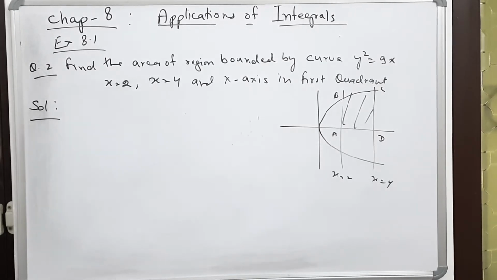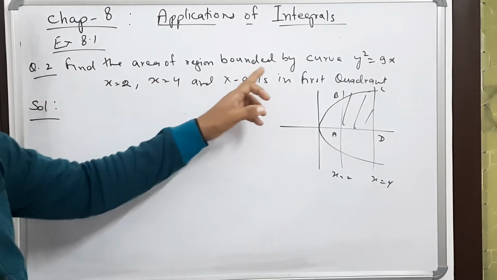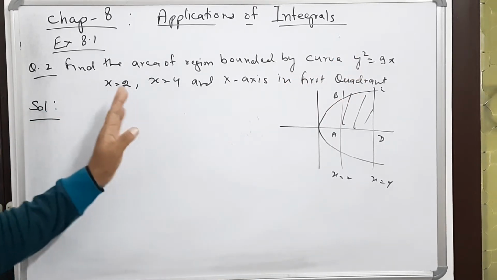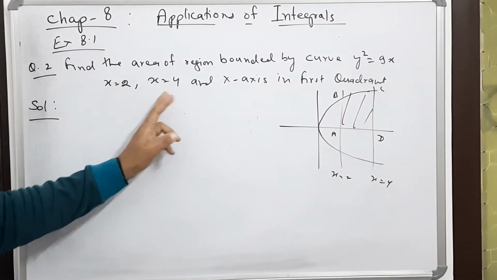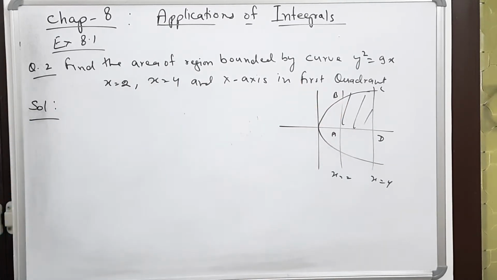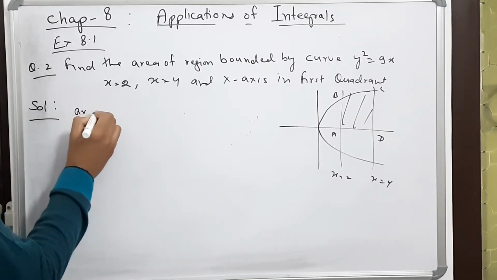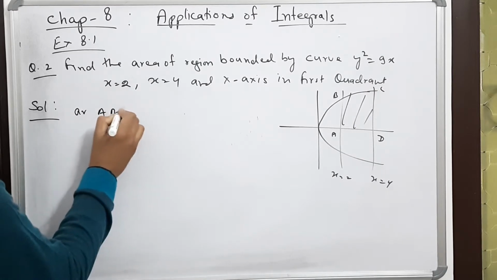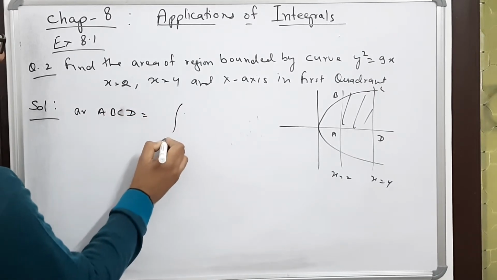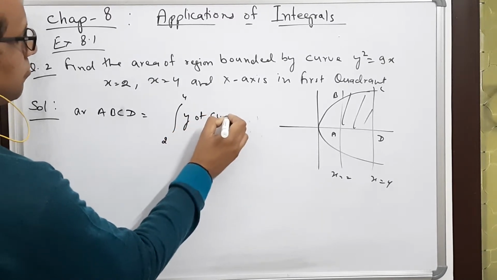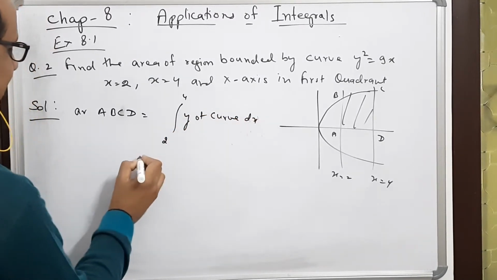Now see, dear students, find the area of the region bounded by the curve y square equals 9x, x equals 2, x equals 4 and the x-axis in the first quadrant. The diagram will be the same as the first one. So area ABCD is equal to the integral from 2 to 4 of y of the curve dx.